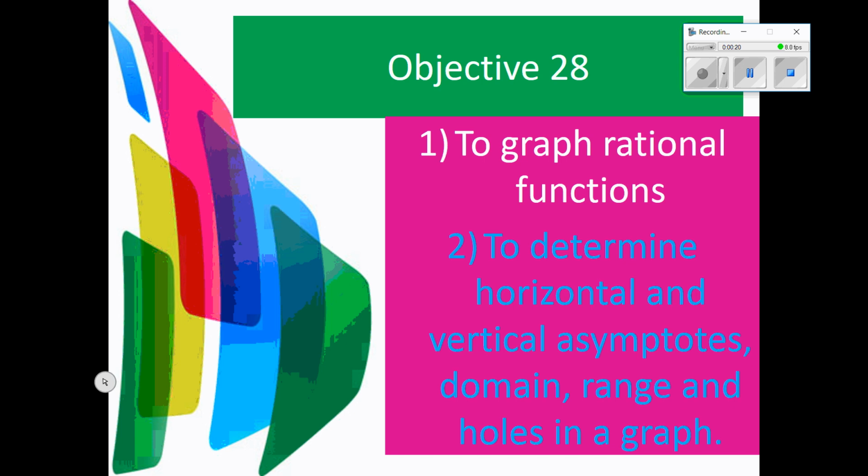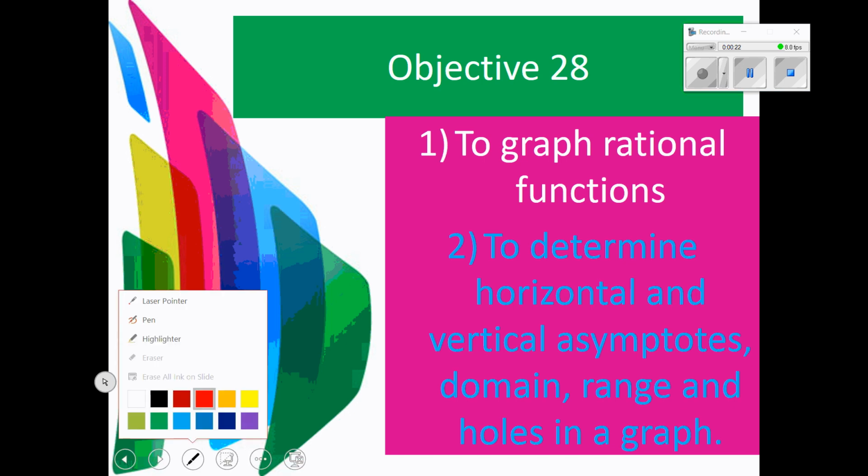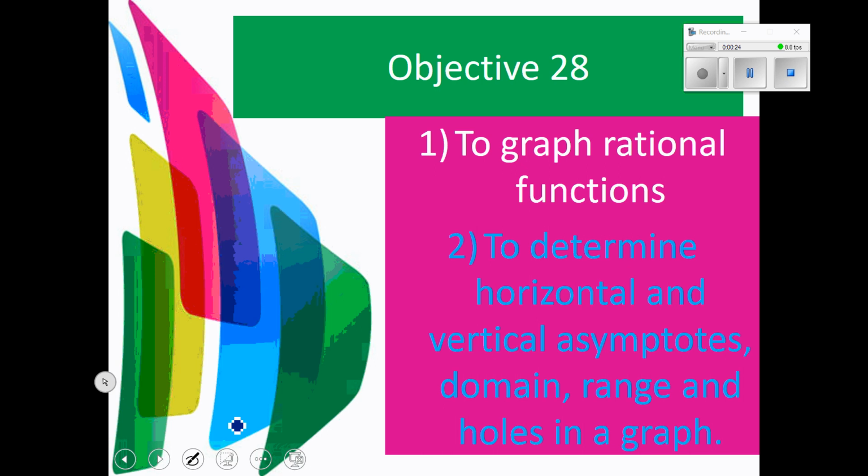Those 5 things for each graph, so we're going to graph them, and then after we graph each one of them, we're going to list the vertical asymptotes, the horizontal asymptotes, the domain, the range, and the holes. Okay, so we'll have a list of H, A, V, A, D, R, and H on each graph.